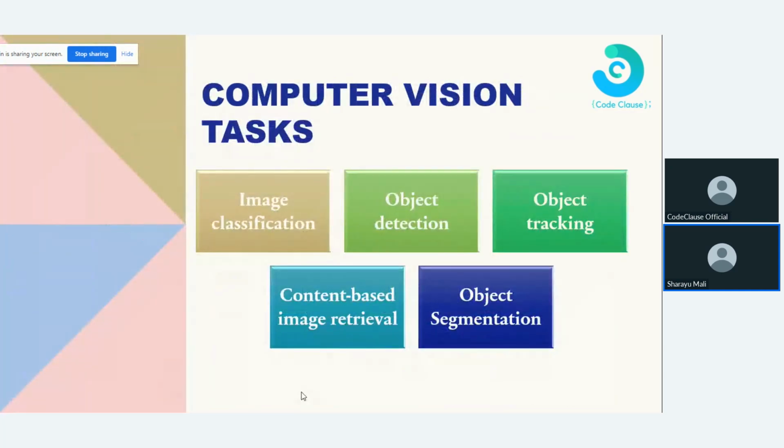This is also a very difficult task because the computer doesn't understand anything other than the binary language. So how can we develop a model such that the computer understands what is being presented in the image? The major computer vision tasks can be categorized as follows.